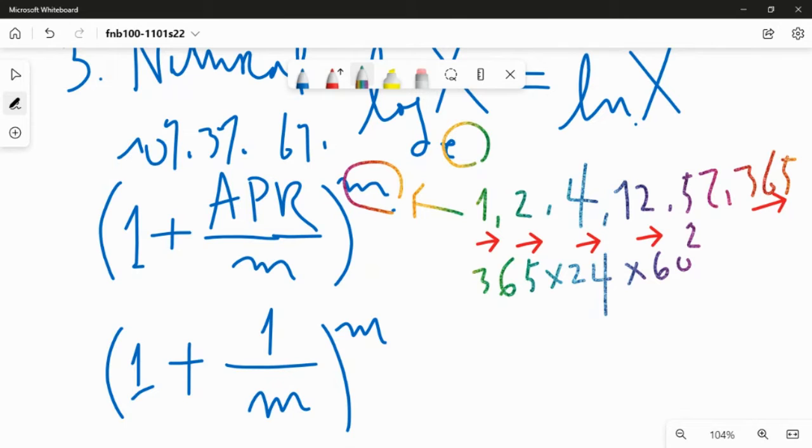By using 365 for m, it's like splitting a year into 365 fragments. If we use compounding by the second, it's really fragmenting the time, splitting 1 year into very, very small, fine fragments.